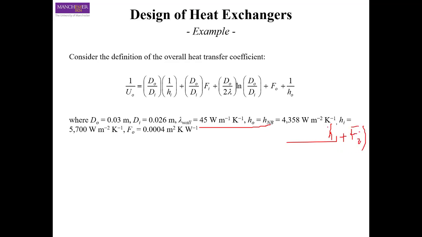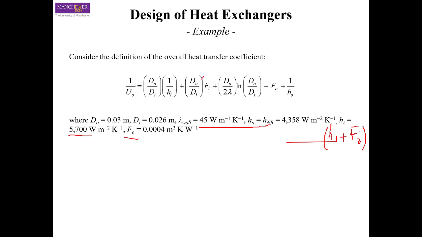This is a combined coefficient for the heat transfer coefficient inside the tube plus the fouling effect inside the tube, and that is given to us as 5700. And then we know the fouling coefficient at the outer tube. So we know all the parameters that we require to calculate U.